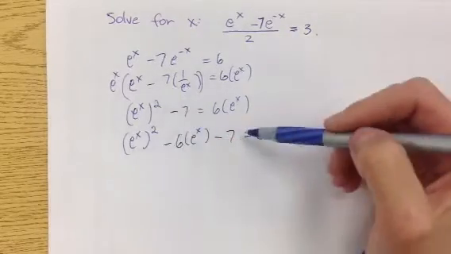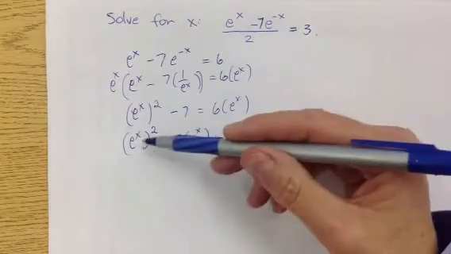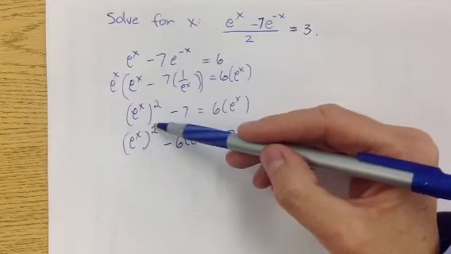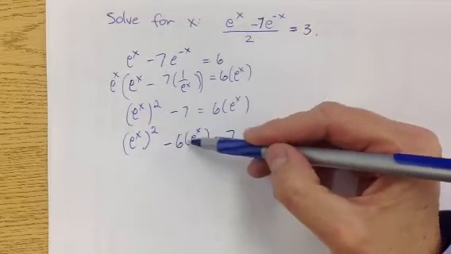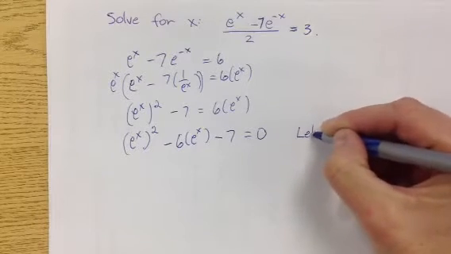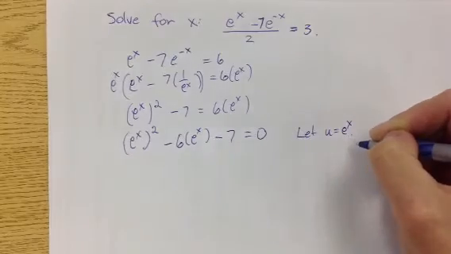So what I have here is called a quadratic in disguise. The way I'm going to proceed is I have e to the x being squared here and e to the x being multiplied here. So I'm going to let u equal e to the x.